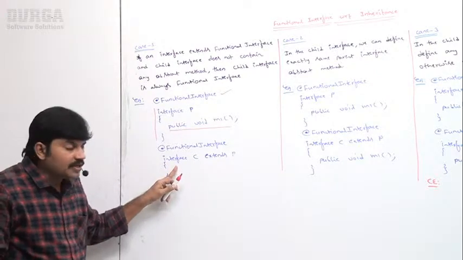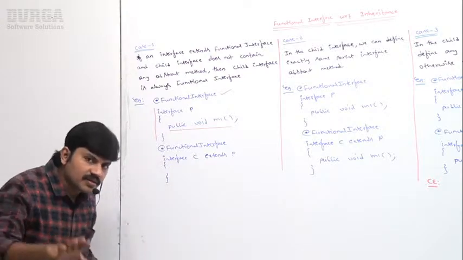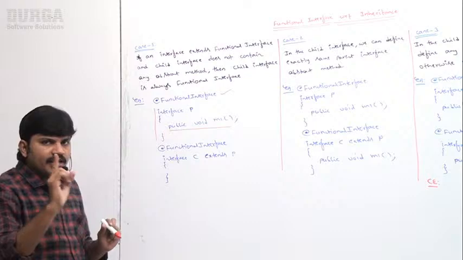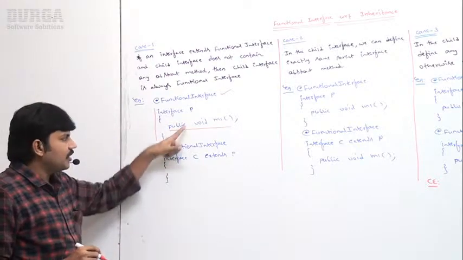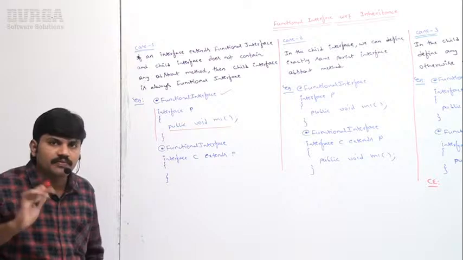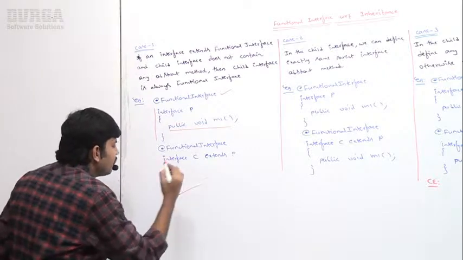Then how many abstract methods are there in C? We didn't declare any explicitly, but there is one abstract method from the parent. That's why the child interface is also a functional interface. Perfectly valid.